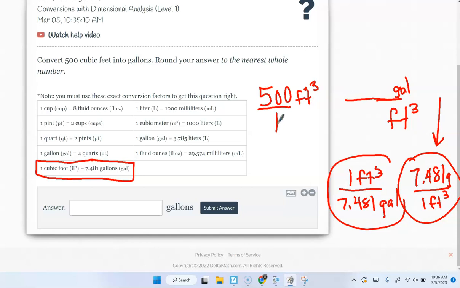So I'm going to take the fraction I already have and multiply it by this fraction that I got from the reference chart. I'm going to take out my calculator and multiply 500 times 7.481.